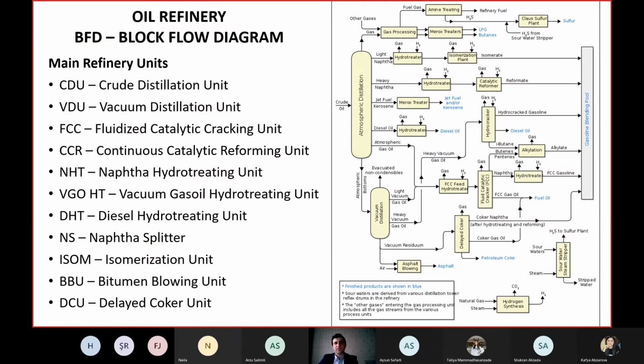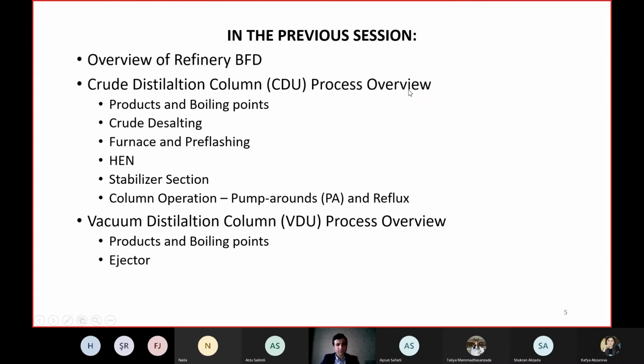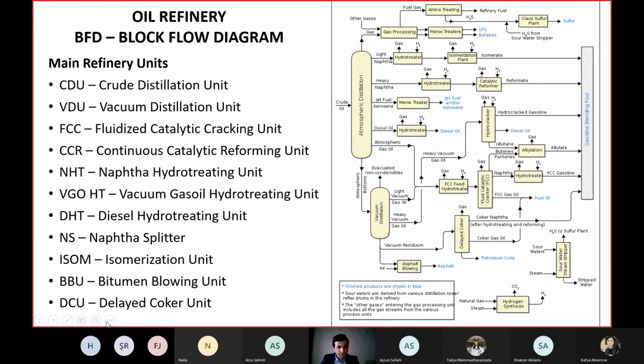So we started from the oil refinery block flow diagram. This is the block flow diagram you saw in the first session. One moment, my pen is not working.